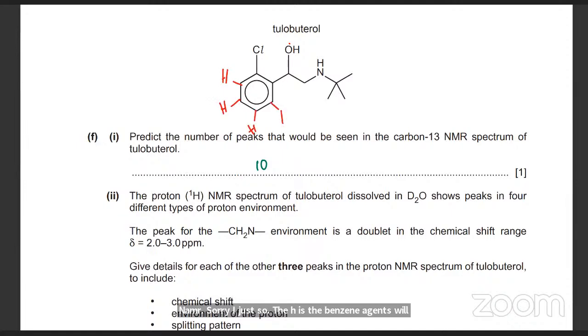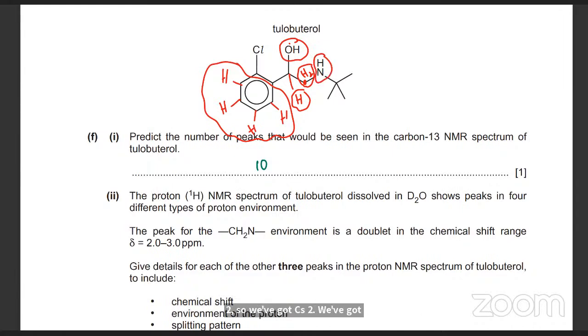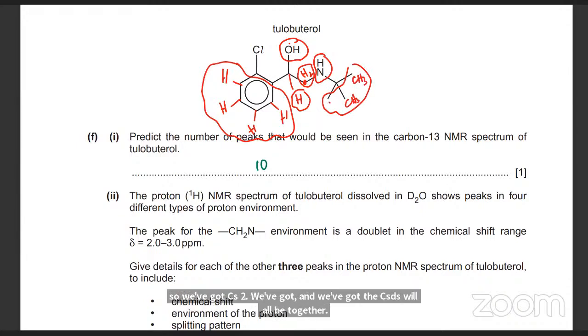Not exactly together, it's going to be a multiplet, but at least they would be very similar, grouped together. Then what other H do we have? We've got an H over here, so that is different. You've got an OH, that's different. You've got two H's over here, CH2. So we've got CH2, we've got NH, and we've got CH3s. The CH3s will all be together. They're all in the same environment.